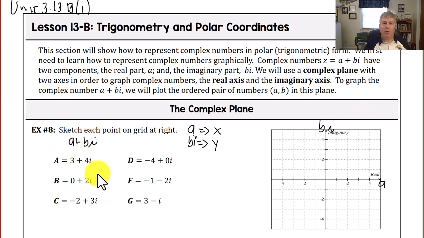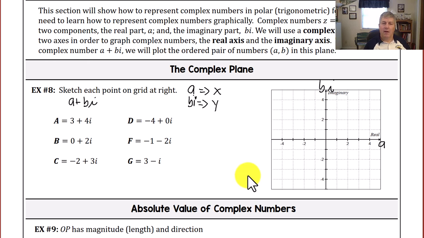So we're going to plot these points here in example 8 on the complex plane. So A, capital A here, is 3 plus 4i. So our a value is 3 and our b is 4i.